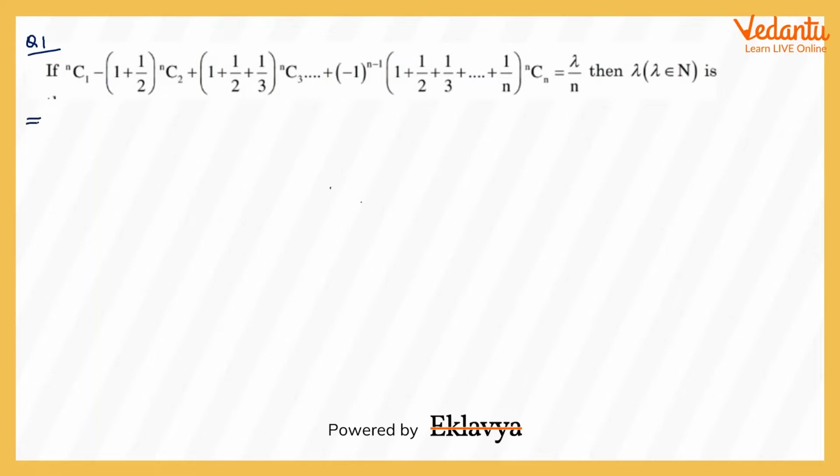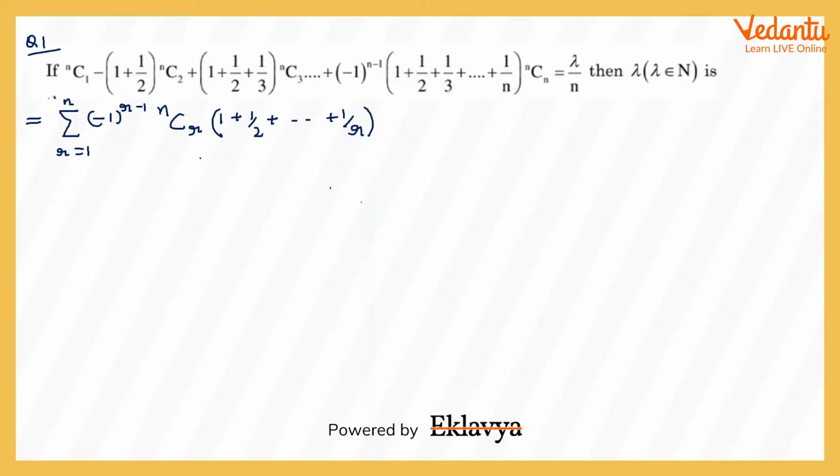I think we can write this as summation (-1)^(r-1) nCr, and here it will be 1 plus 1/2 and so on plus 1/r, and r will start from 1 going till n.